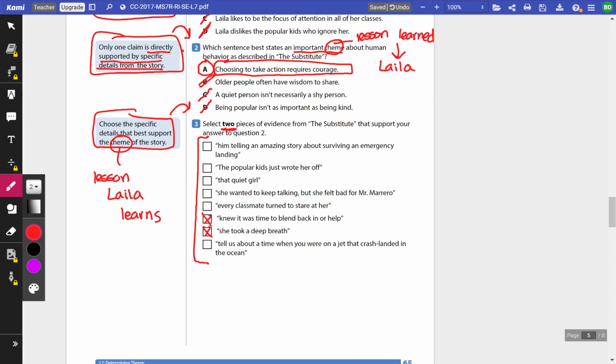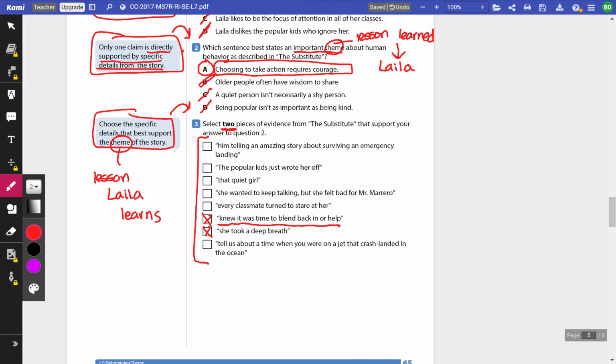So this answer choice, she knew that it was time to blend back in or help, supports that theme because it lets us know that she's having to be brave to take action. So she's having to decide whether or not she's going to blend back in with the crowd or if she is going to take action, and that requires bravery. So that's how that answer choice works.